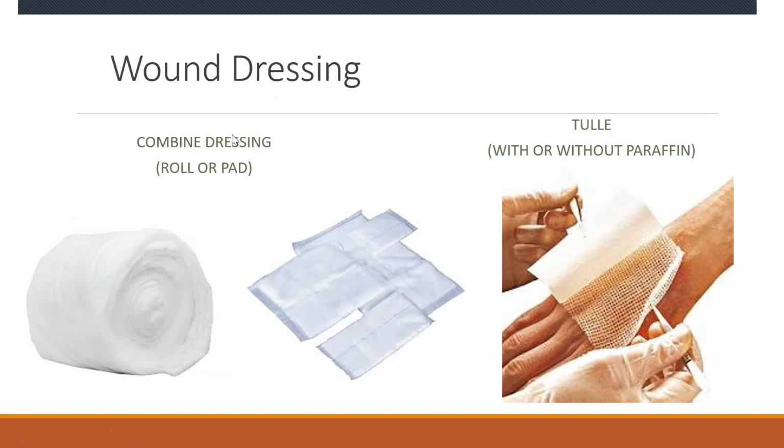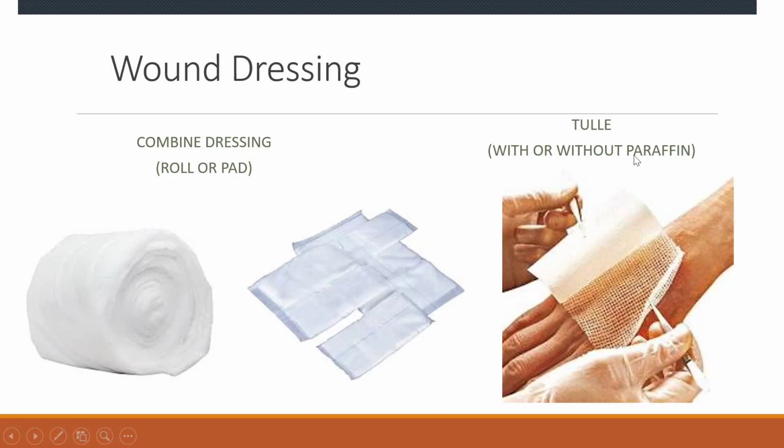Okay, and the wound dressing, this one combined dressing, looks like this. This is traditional. It looks like a pad, and you put it on your wound and use the band-aid to put it on.